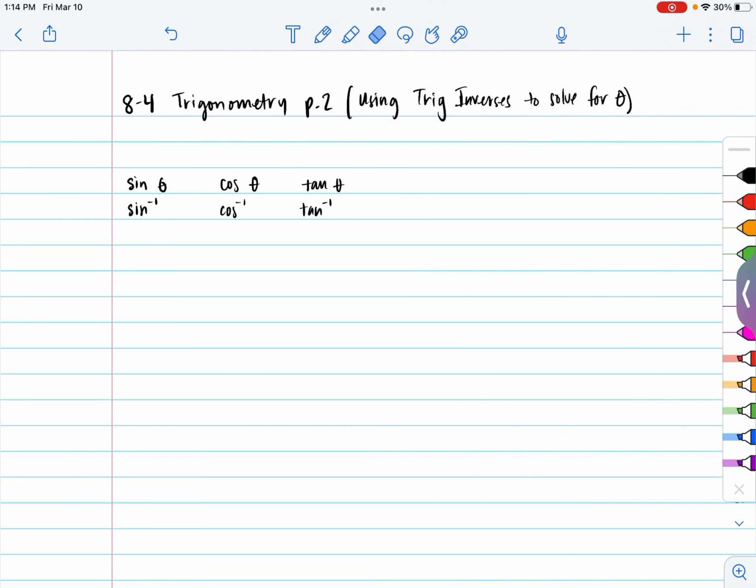And if you were given, let's say, a triangle that looked like this, or I should say, inverse trig is used to solve for angles.